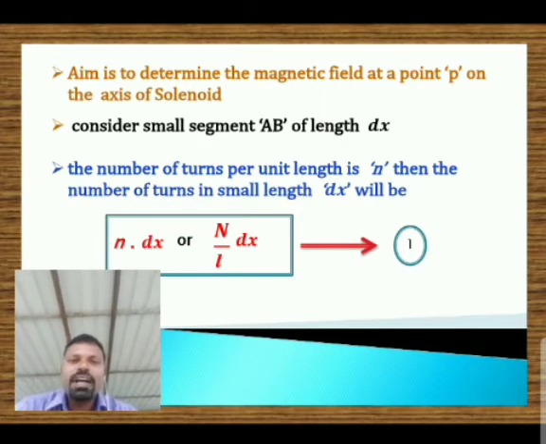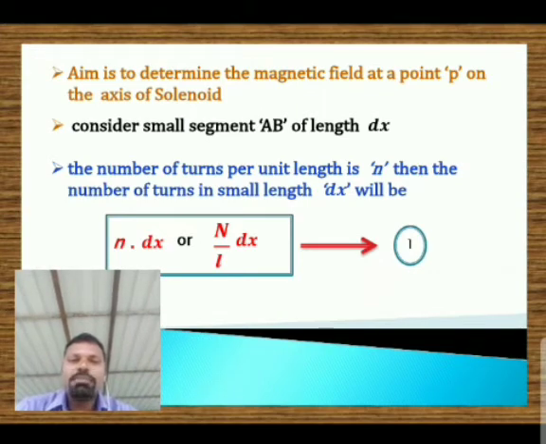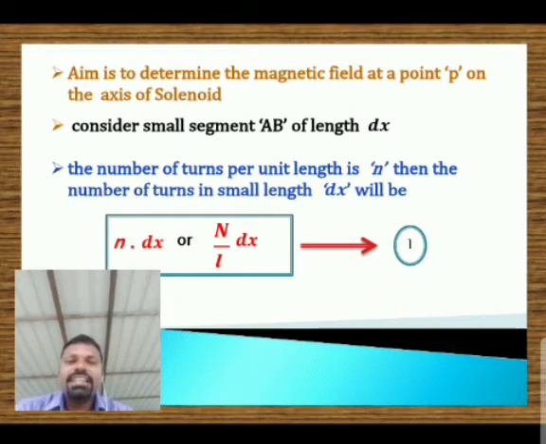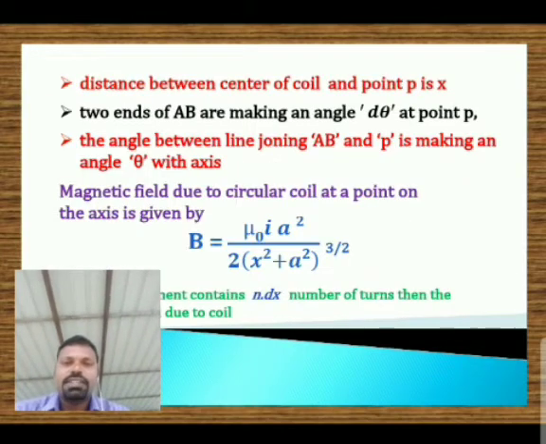Now our aim is to determine the magnetic field at point P. For that, I divided the total solenoid into small segments. I am considering only one segment AB of length dx. Since small n is the number of turns per unit length, the number of turns in this dx length will be n dx. This is equation 1.